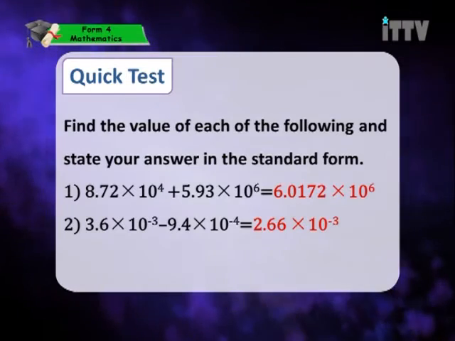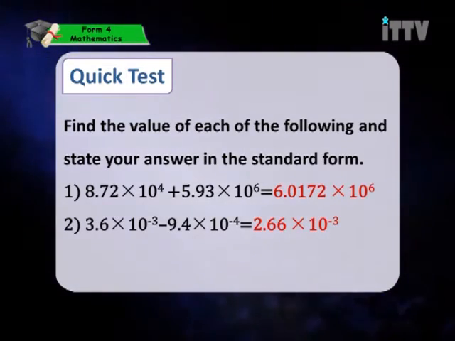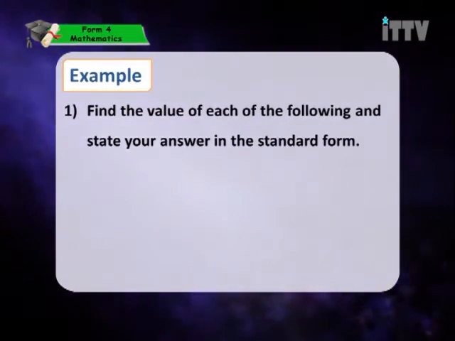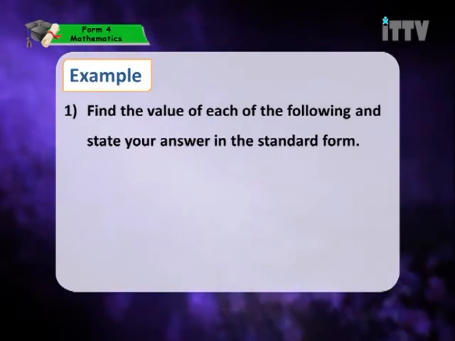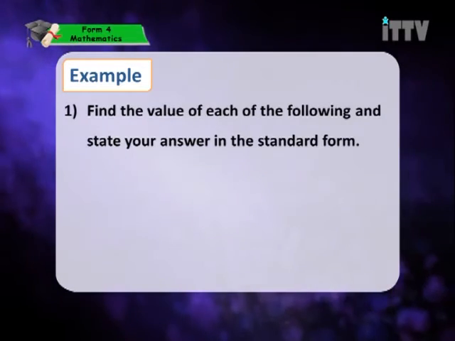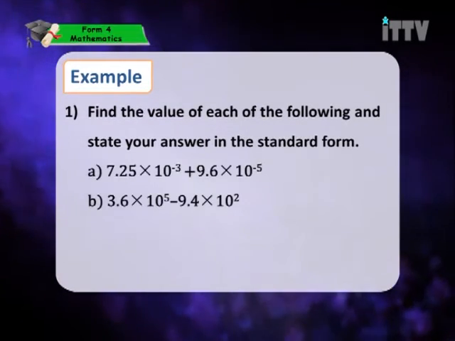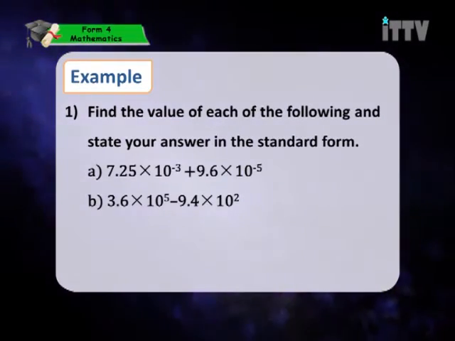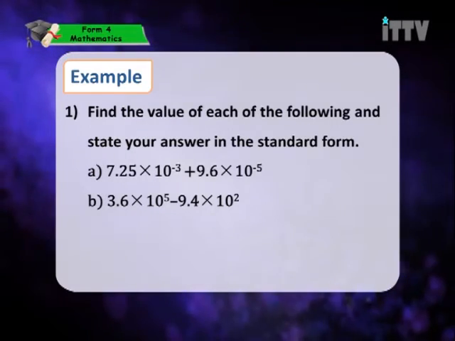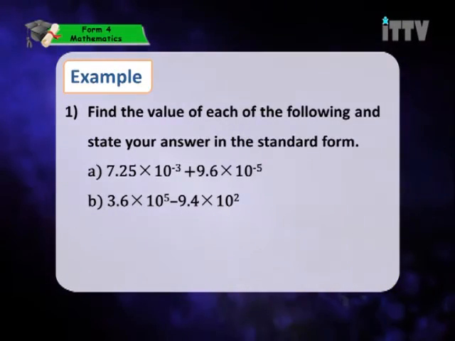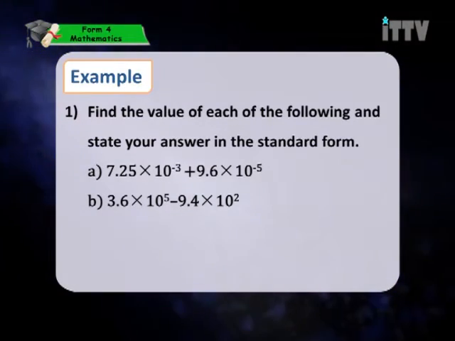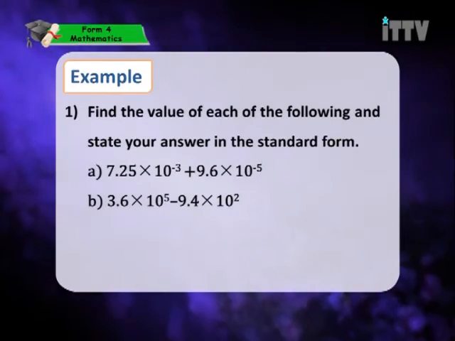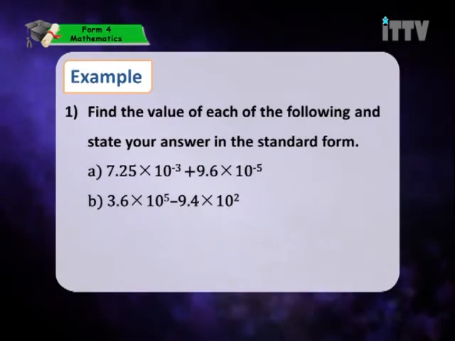Alright, now let's continue with our example. Find the value of each of the following and state your answer in standard form. Right, you have question A, 7.25 times 10 to the power of minus 3 plus 9.6 times 10 to the power of minus 5, and B, 3.6 times 10 to the power of 5 minus 9.4 times 10 to the power of 2.